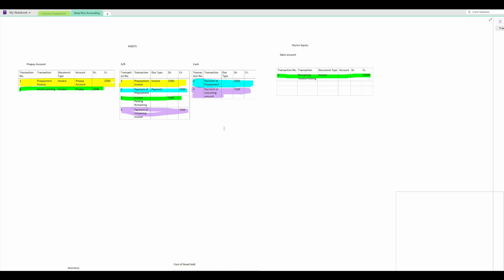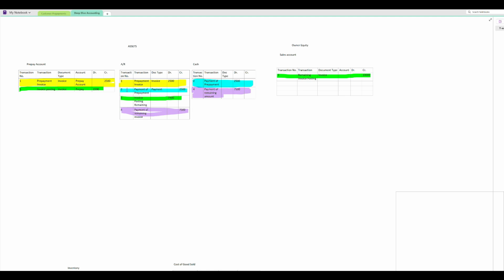So first transaction was to invoice the prepayment, which was 2,500. The way it went, we have the prepayment account. We had a credit of 2,500. The offset of that was in the AR for the 2,500, the debit of 2,500.